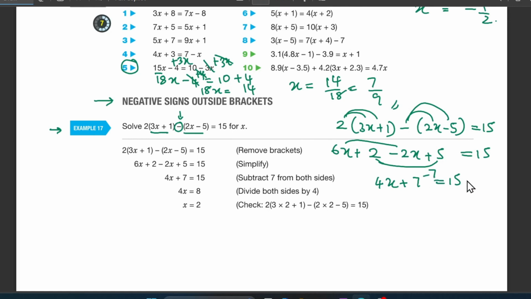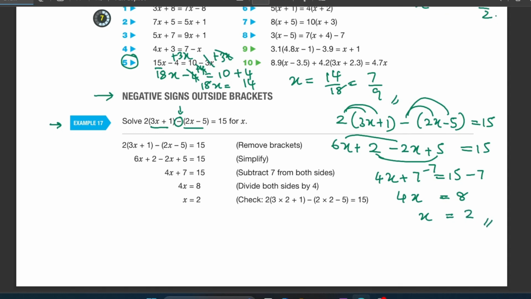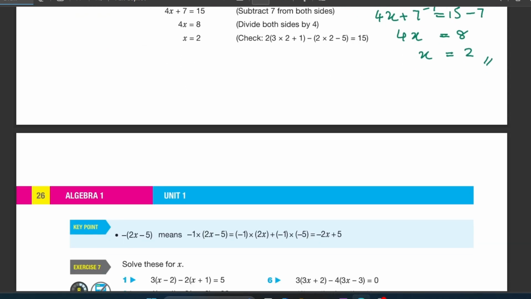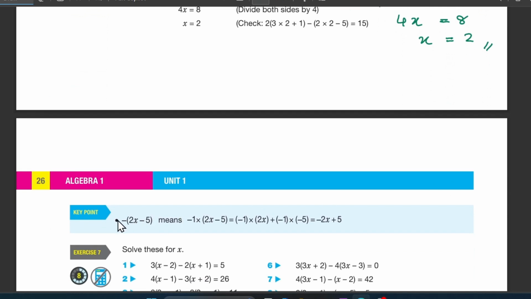Then subtract 7 from both sides. 4x equals 8. X equals 2. And the key point is, if you see a minus sign in front of the bracket, you can think of that as minus 1. That's the takeaway point.